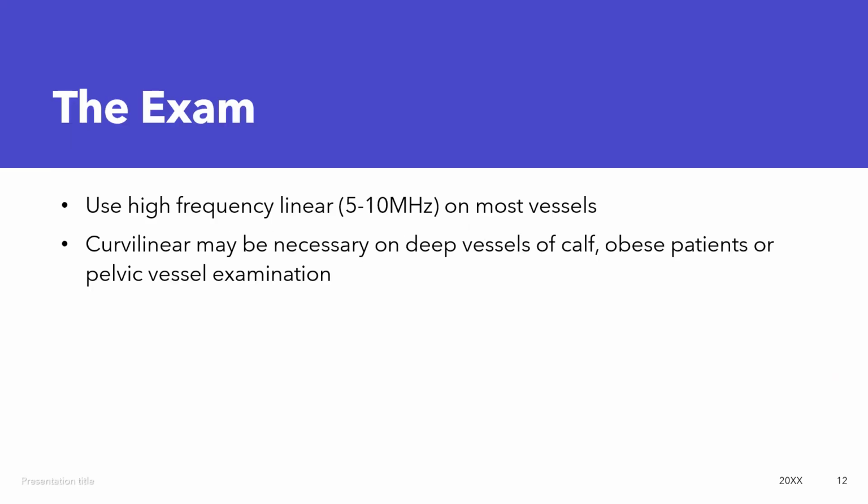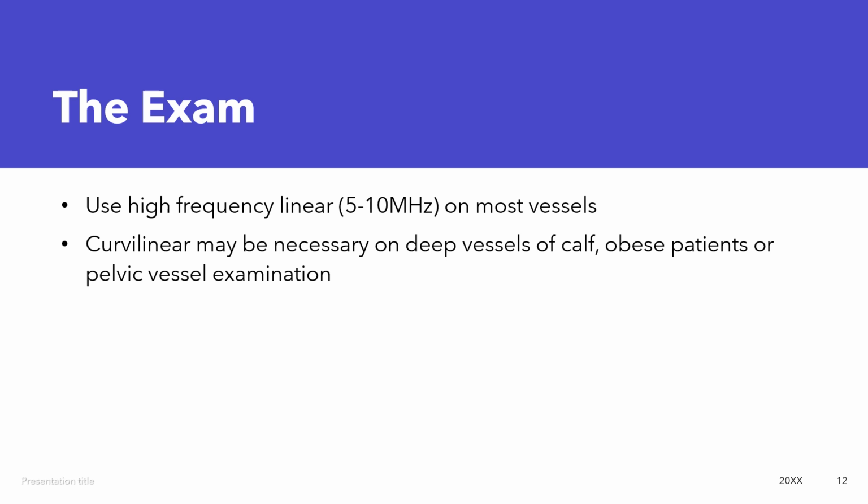So for the exam, you're going to want to do most of the exam that you can with a high frequency linear transducer, usually in the range of 5 to 10. However, some of these vessels can dive very deep, or some patients can have a lot of soft tissue covering the vessels. And when that's the case, don't be afraid to switch to a lower frequency linear, or even to a curvilinear.